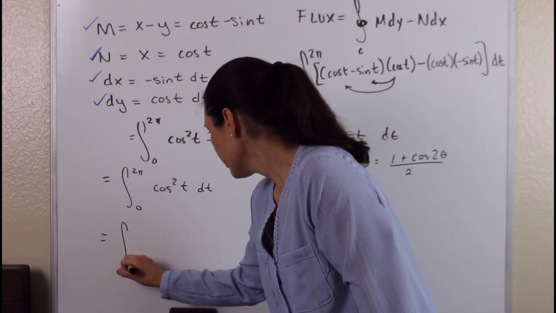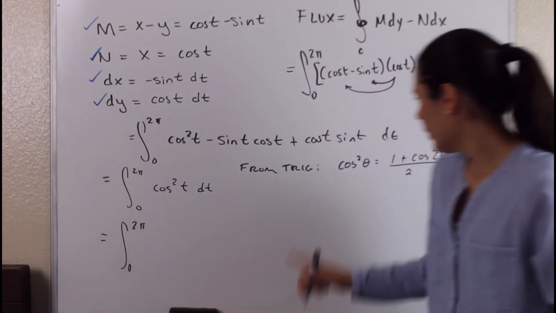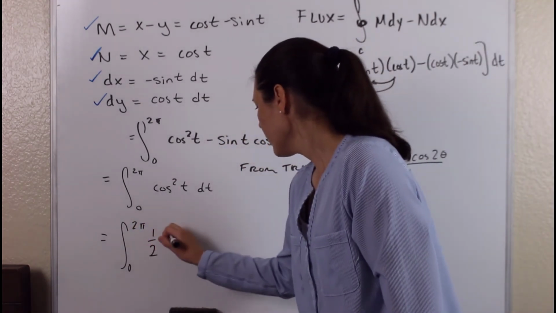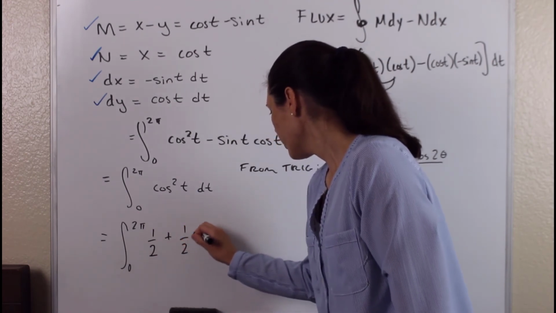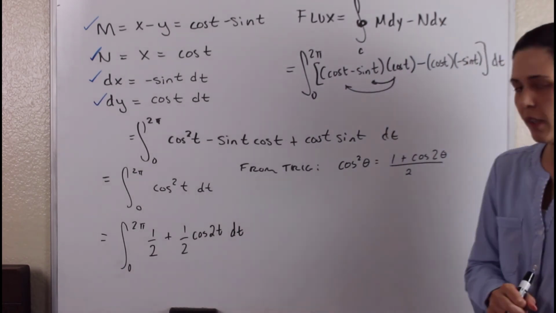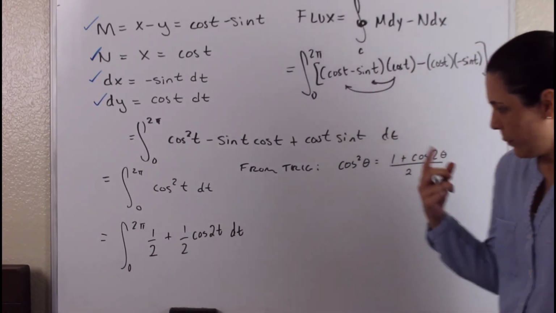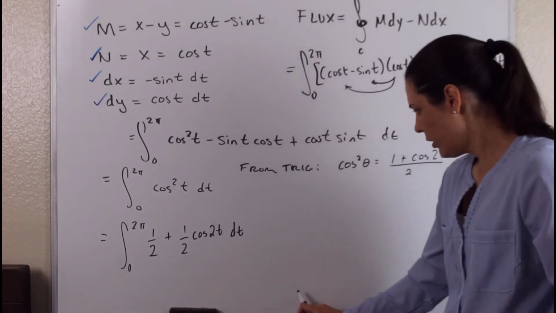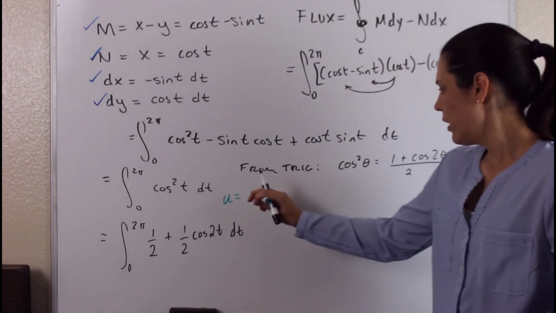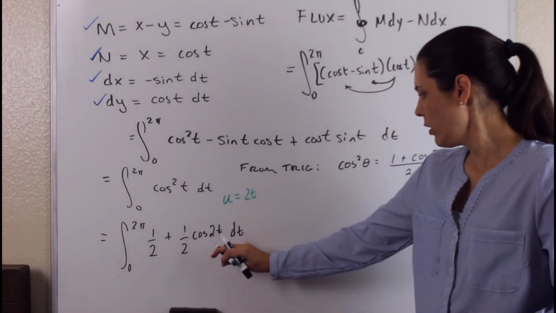So from 0 to 2 pi, I'm going to go ahead and separate this fraction here and say that this is 1/2 plus 1/2 cosine 2t dt. I'm just going to do a quick u substitution. You might be able to do this one in your head, but I want to write it out real quick. So this is 2t for u right there.